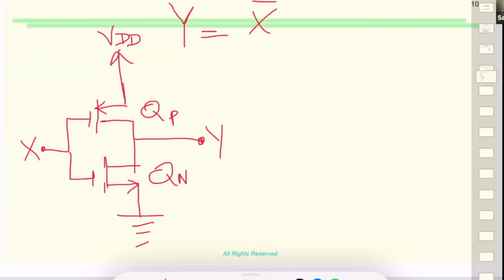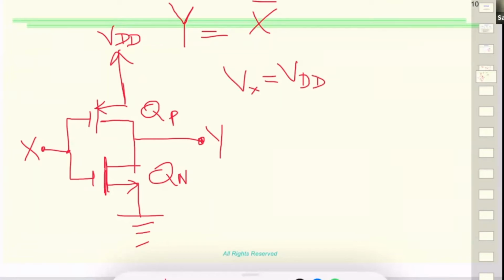On this side, both drains are connected, which are connected to the output. So when the input is high, say we call it 1, in that case Vx is equal to VDD.